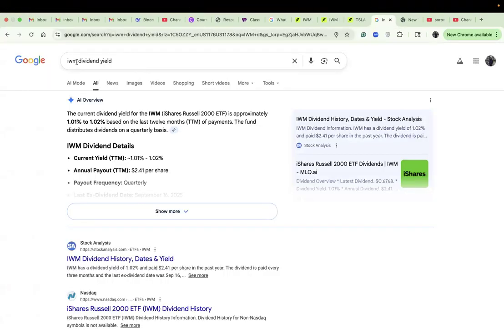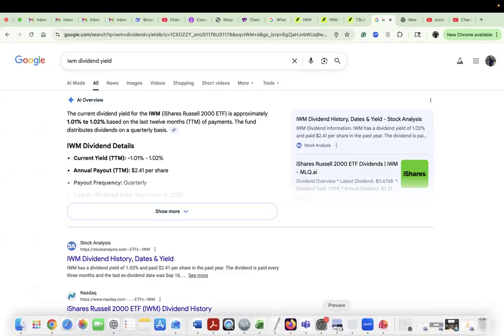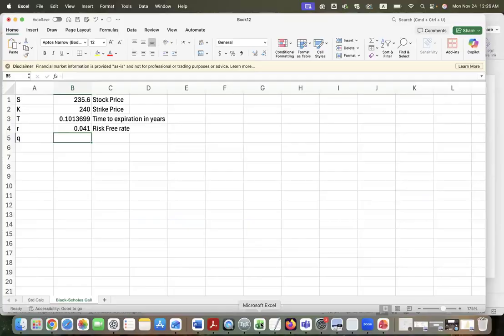The IWM dividend yield is 1.02, as you can see on these websites. So I can go back to my Excel and say it's 0.0102. So this is the dividend yield.